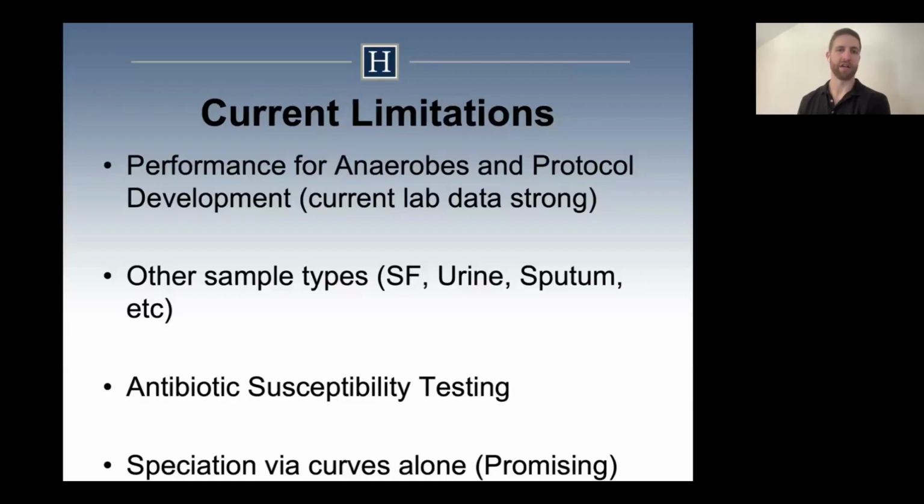We initially started with the thioglycolate media wells and thought that might give us a chance. We have detected anaerobes using this method before. We just don't have enough overall cases or instances of that yet to really hone in and say that we have a definitive protocol that we know works well.